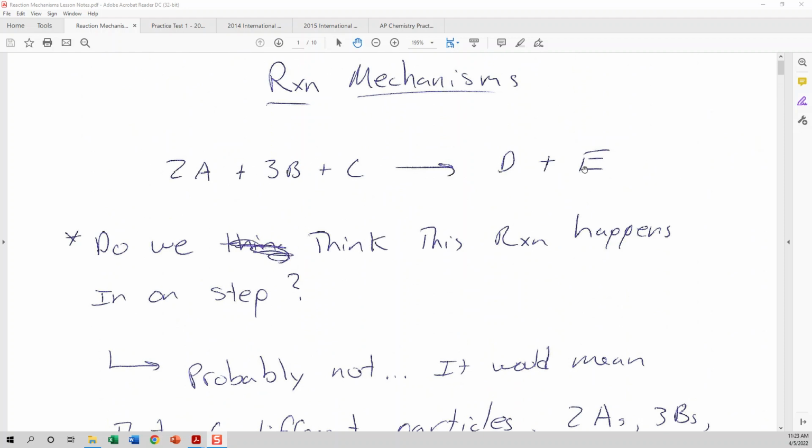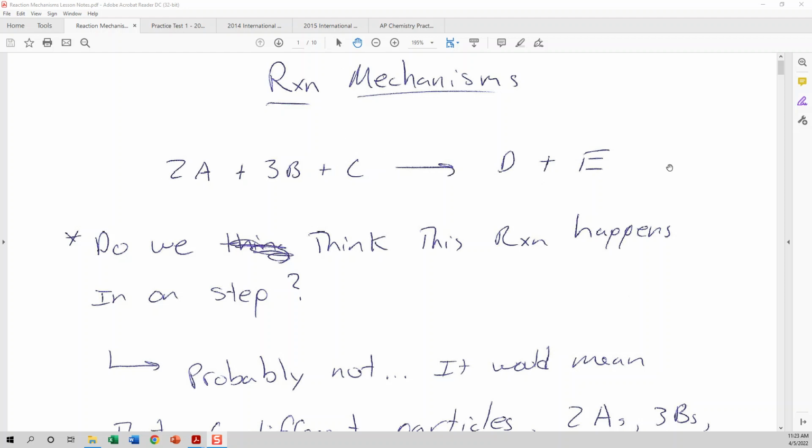So for every 1 D gained, I lose 2 A's, or 3 B's, or 1 C. So I'm losing B 3 times as fast as I lose C, and I'm gaining E at 1/2 the speed that I'm losing A. That's what those coefficients tell us.